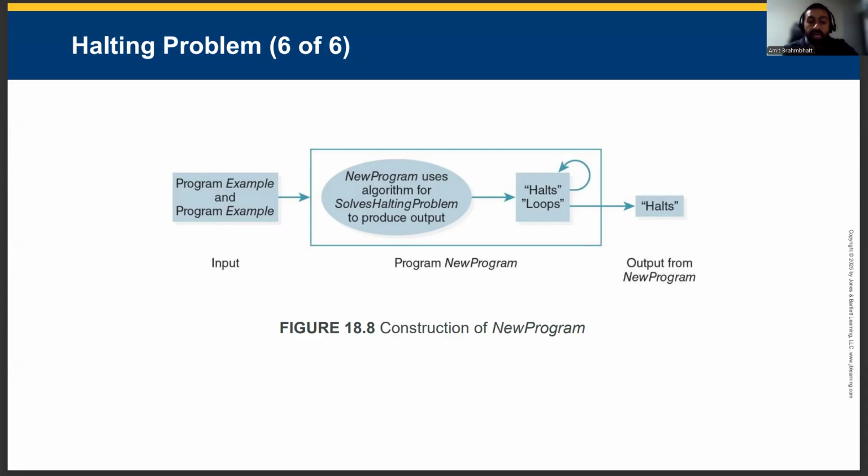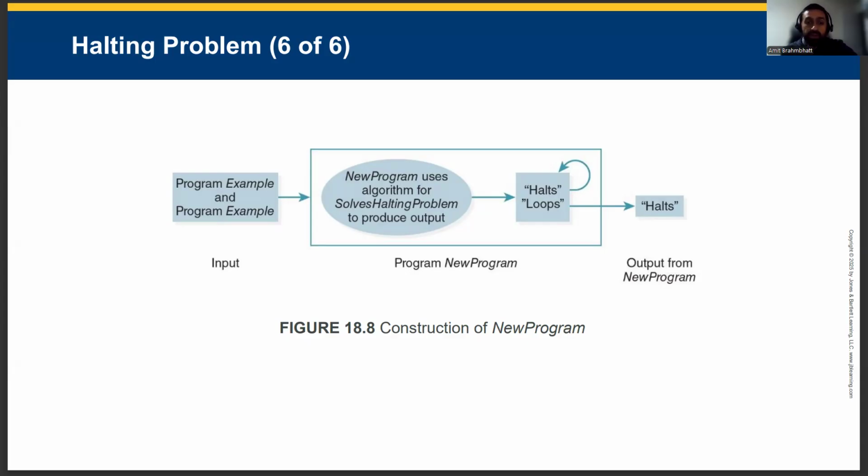Here, the slide represents a diagram showing the full circular structure of new program feeding into solves halting problem. The diagram visually reinforces how the constructed program forces the halting solver into an impossible situation by creating a case where the solver must always give the wrong answer.